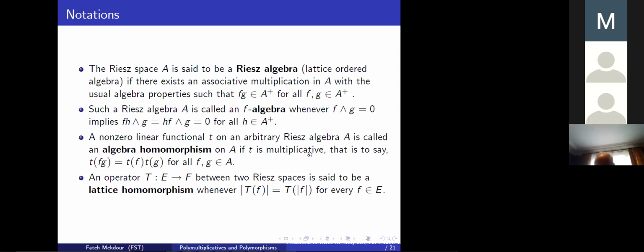That is to say, T preserves the multiplication for all elements f and g in A. An operator T between real spaces E and F is said to be a lattice homomorphism whenever T preserves the lattice operations, or we say that T preserves the modulus for every f in A. That is equivalent to T preserving the lattice operations, as we know, the suprema and infima.